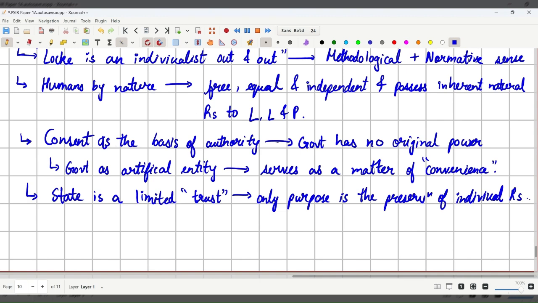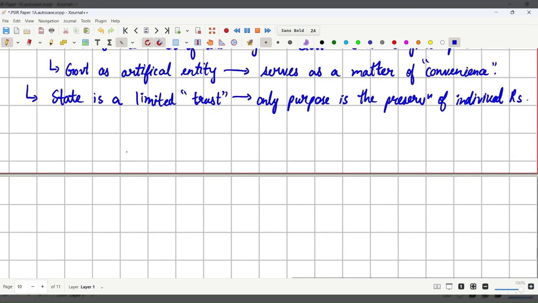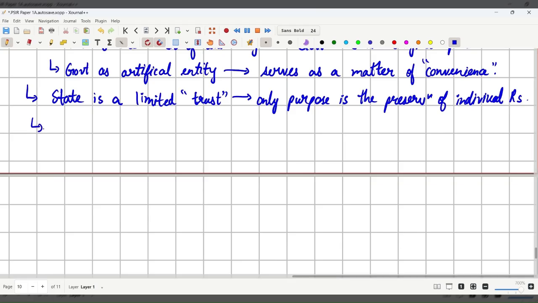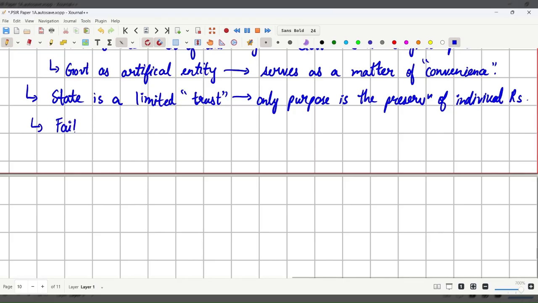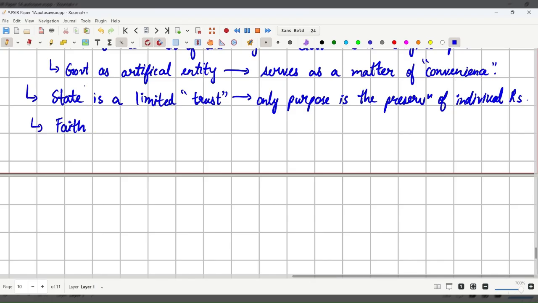If the state fails, the ordinary men have the right to revolt.